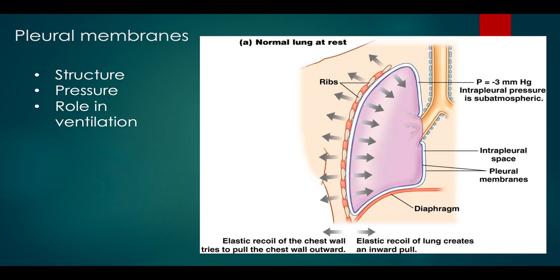This is going back a slide, and the reason to do that is really to point out the role of the pleural membranes, right? Remember, the pleural membranes are the membranes that line the pleural cavities, and it's that dual layered serous membrane.